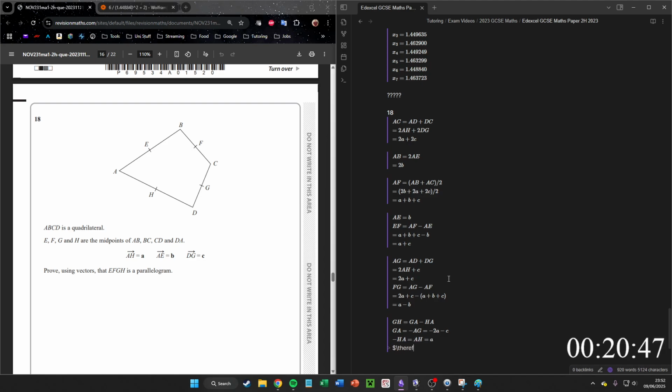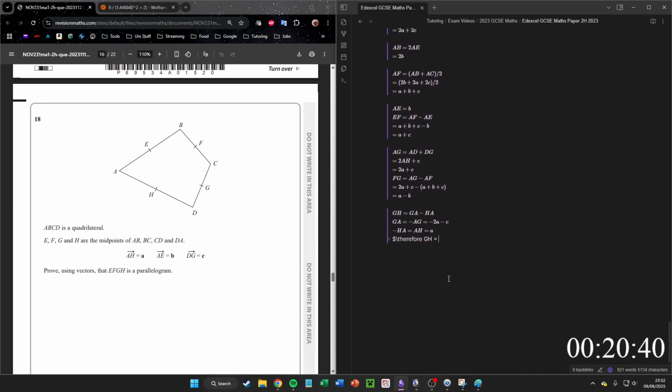So GH is equal to, this feels like a lot of working out for this question, so I would skip this and come back to it. But I feel a bit too invested at this point, so minus 2a minus c plus a, which is equal to minus c minus a. There we go, we got it. So we could say GH. So first of all, we're going to say EF.